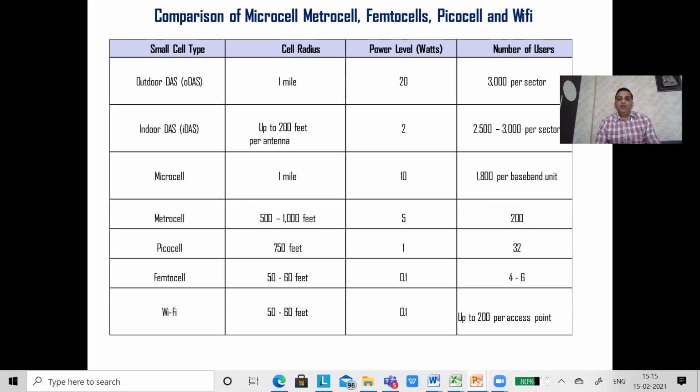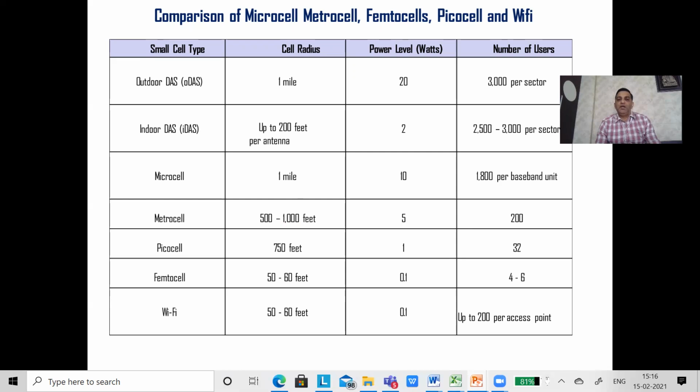On this slide, you will see the comparison of microcell, metrocell, femtocell, picocell, and Wi-Fi. In the table shown here, on the left side, you will find the small cell type. This small cell type is compared in terms of cell radius, then power level, which is in watts.